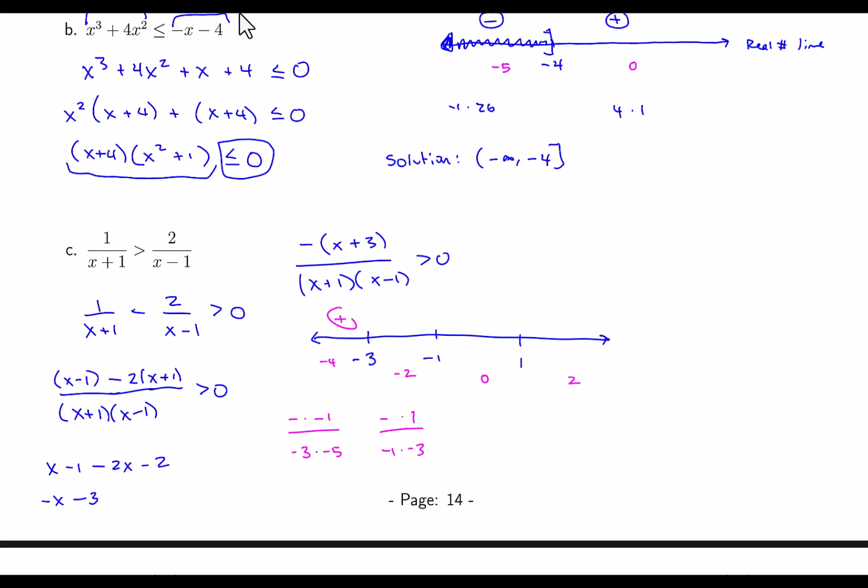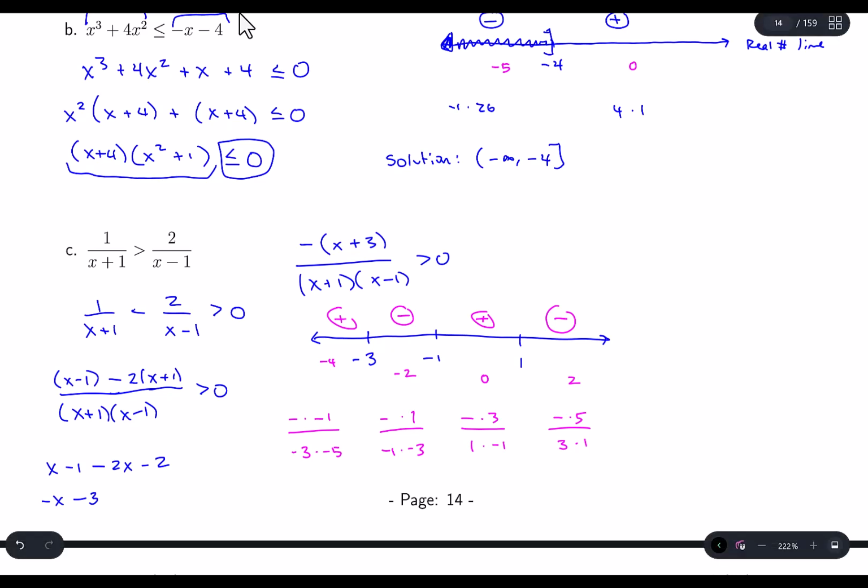So that's 3 negatives. That's going to be a negative. I put in 0. I have a negative, a positive 3, positive 1, and a negative 1. So that's positive. And if I plug in 2, I have a negative, a 5, a 3, and a 1. So everything there is negative.